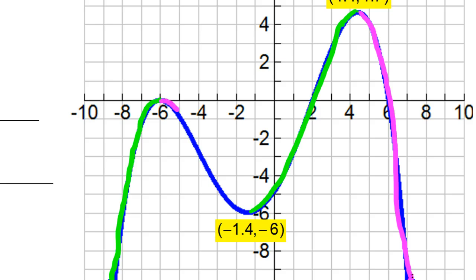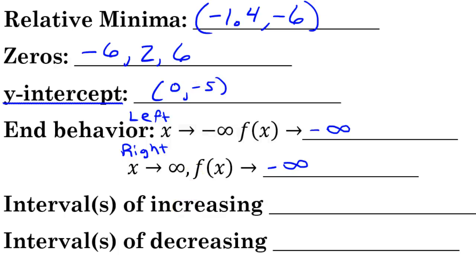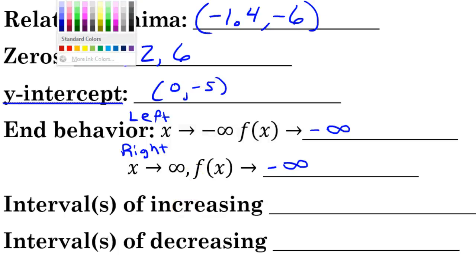And this is also decreasing. The computer just erased it for some reason. So the green areas I was going uphill, the pink areas I was going downhill, increasing and then decreasing. Right now we were supposed to be working on intervals of increasing, so the green ones.